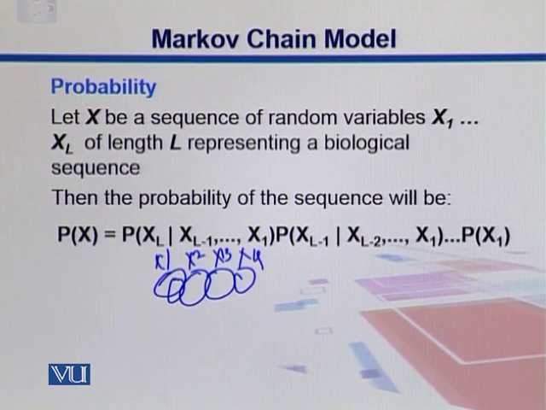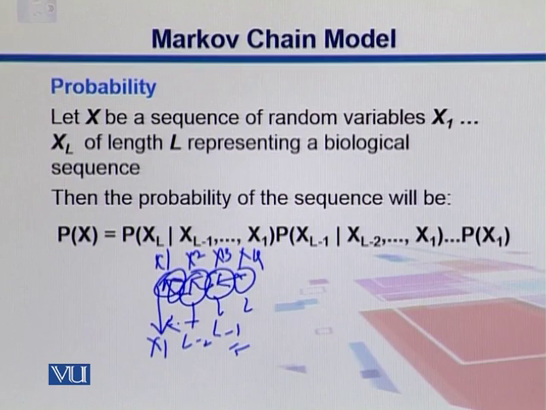Right now we are on, say, x1. The probability of this x1 depends upon the previous one, so it depends on where you are starting from. When you model that, we can have different transitions. From L, then L minus 1, then L minus 2, and so forth until you reach x1. The probability of this one can depend upon this one, this depends on this, this depends on this. When we put it together, we can have something like this.